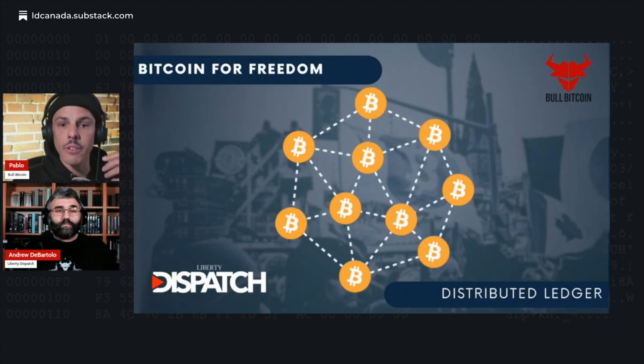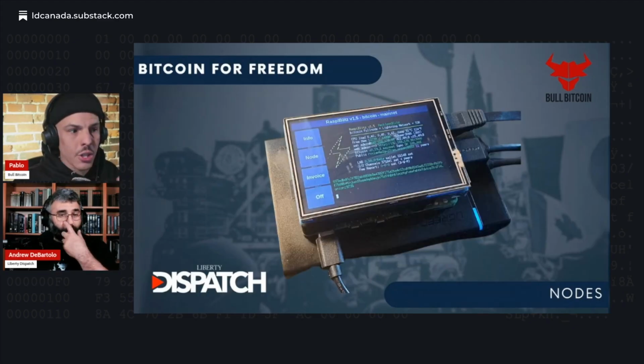And this is how we have a distributed ledger. Each computer that runs Bitcoin is playing the role of a bookkeeper, checking the transactions, checking that there's no copy-pasting going on, checking that there's no double spending going on, and checking that everybody who says they have their Bitcoin has it. So this is the process. We have thousands of bookkeepers distributed across the world checking a ledger.